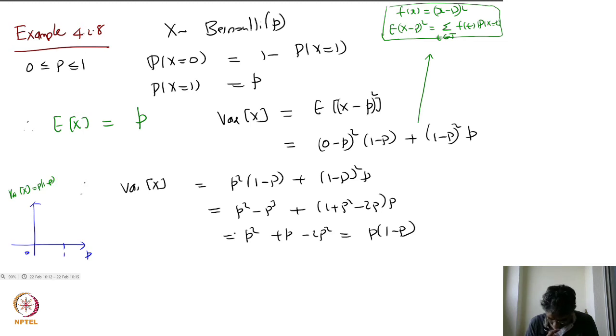That's the y-axis. How does the graph look? It starts at 0 and comes back to 0 at p equal to 1. It's maximum at p equal to half, right? So that's where it's plotted.